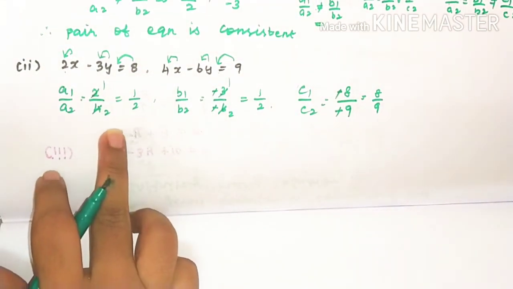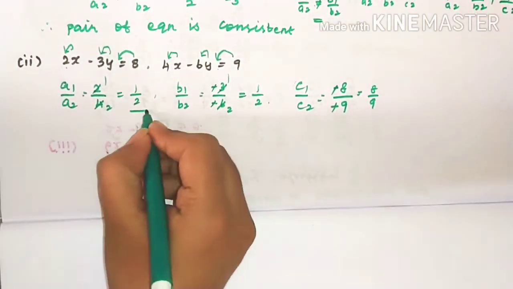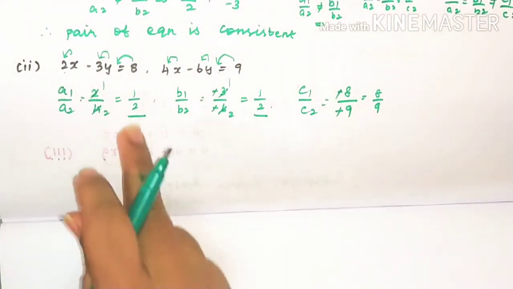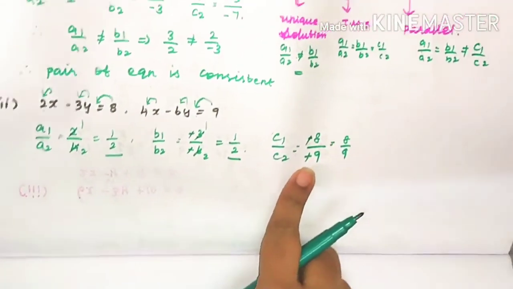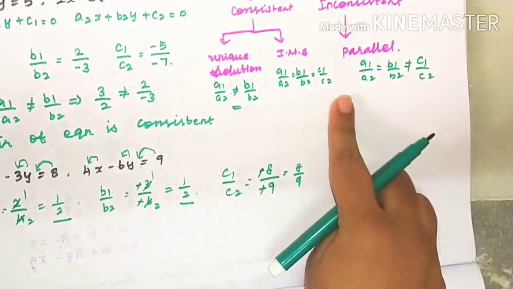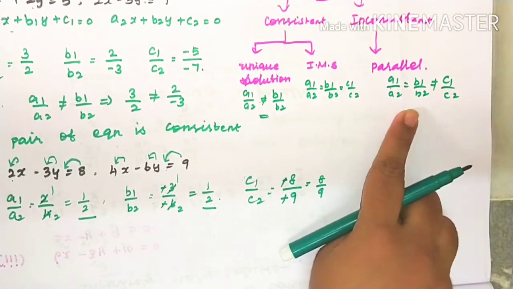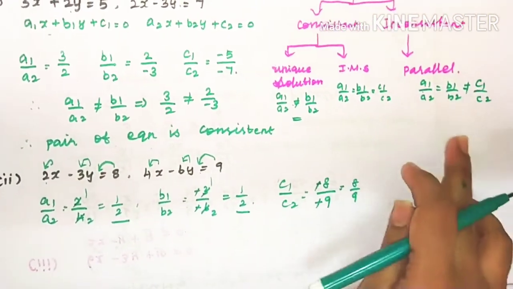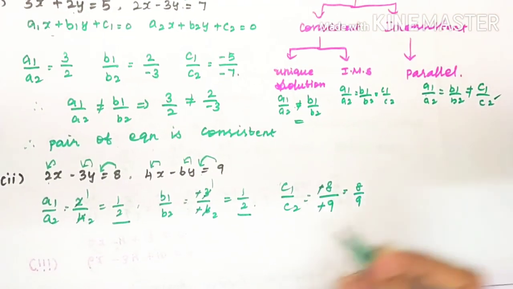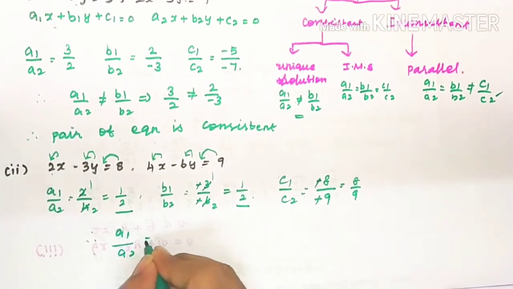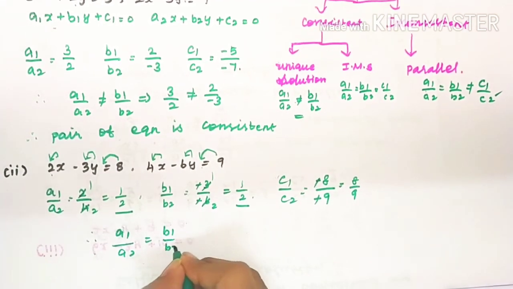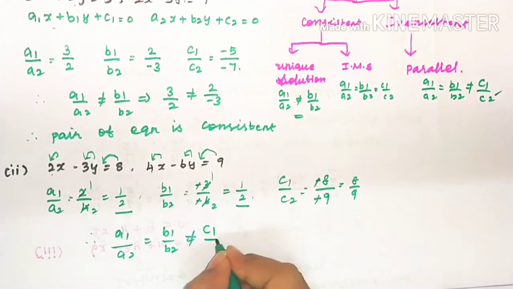So now here a1 by a2 is 1 by 2, b1 by b2 is also 1 by 2. These both are equal and these both are not equal to c1 by c2. So which condition? a1 by a2 equal to b1 by b2 not equal to c1 by c2. So the third condition is satisfied. Therefore a1 by a2 is equal to b1 by b2 not equal to c1 by c2.